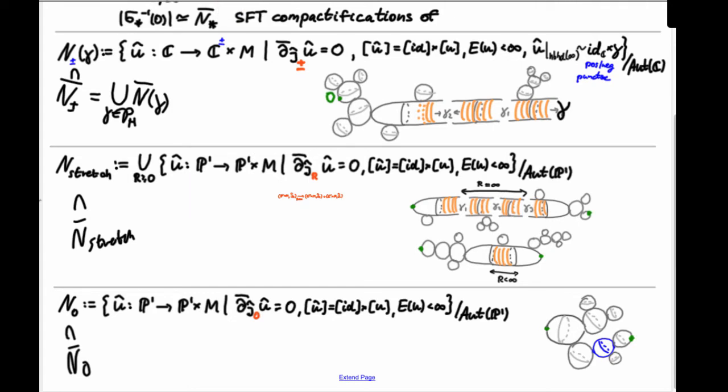Actually I'm right: I explained the evaluation maps as intersections of the graph, or of the image, with the submanifold 0 times n. So 0 and infinity now lie in the target. You can still think of these as marked points here, and here also.